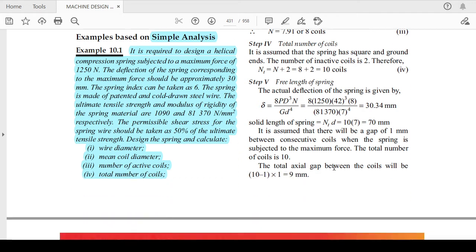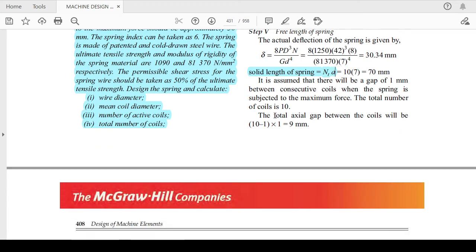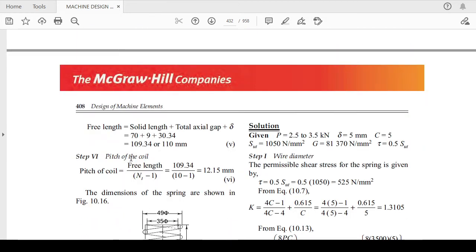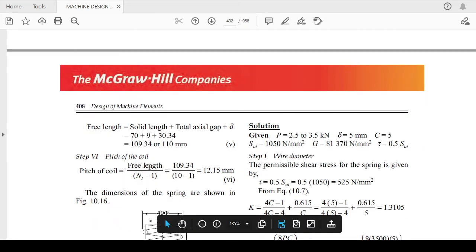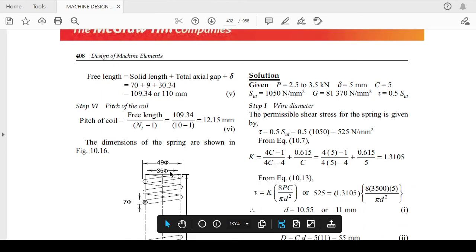All the formulas have already been discussed in the previous session. Solid length you can calculate if you know NT, the total number of coils, multiplied by the wire diameter d. Then you can calculate the axial gap. If you know the axial gap, then dividing the free length by NT minus 1 gives you the pitch value.